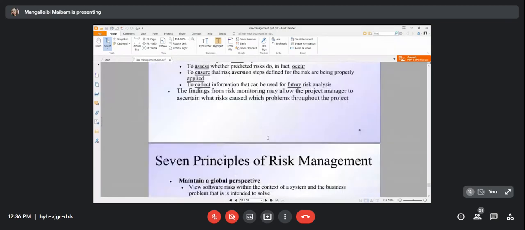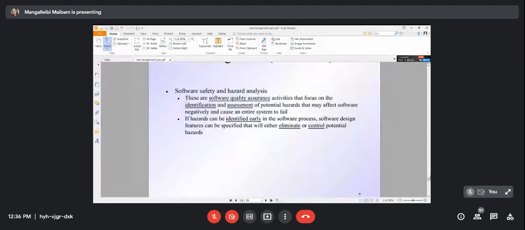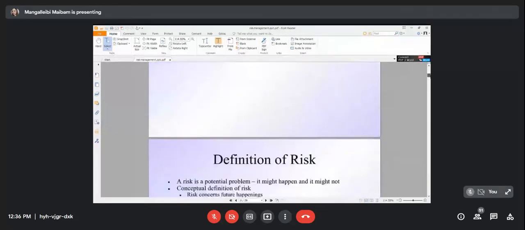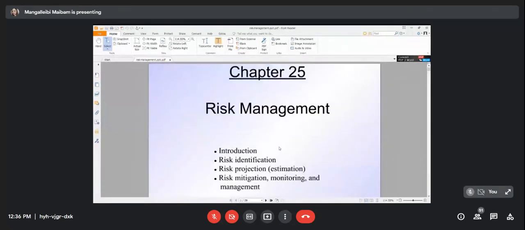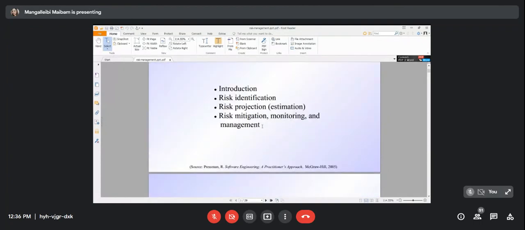Okay, so risk management. Once again, you go through all the notes which I have sent regarding your risk management. What is important here is RMM plan. Okay, RMM plan is important in risk management.